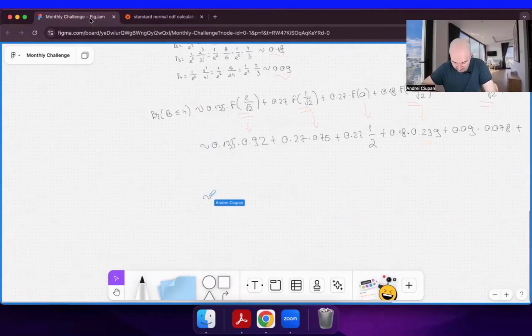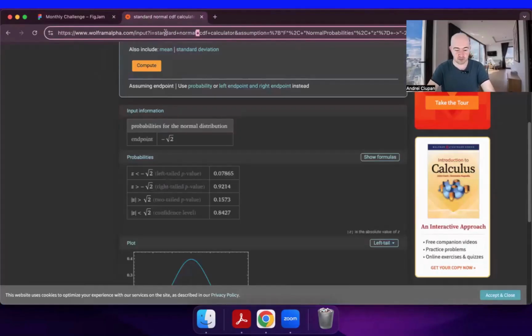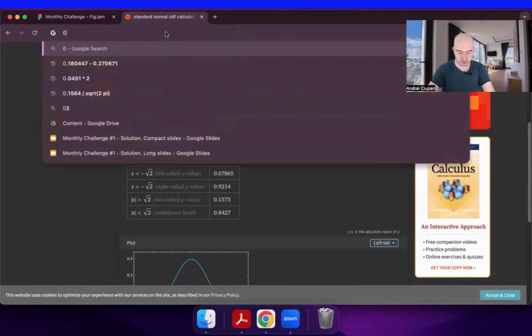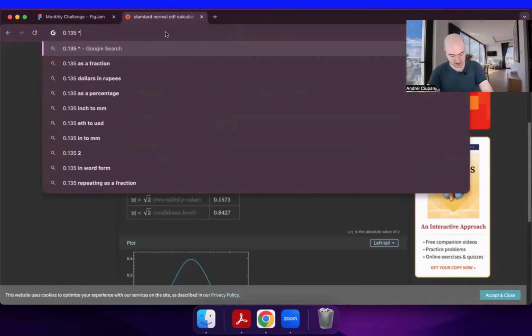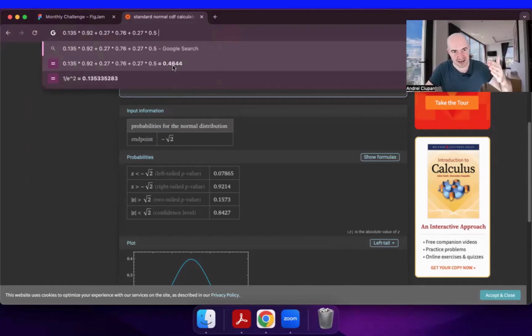Now, let's see what this looks like. Let's actually calculate these values. No problem. It's 0.135 times 0.92 plus 0.27 times 0.76 plus 0.27 times 1/2, which is 0.5. Look at this. It's getting bigger and bigger, and it's getting closer to 1/2. Maybe we're going to go above 1/2.